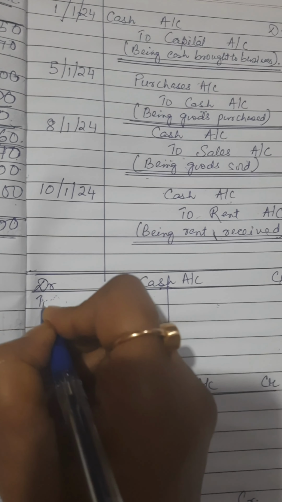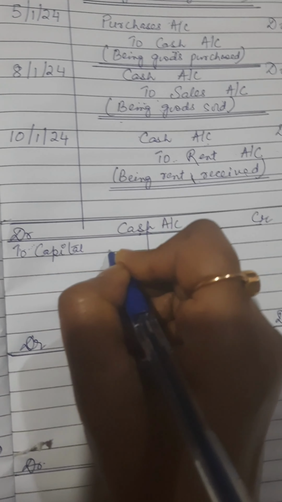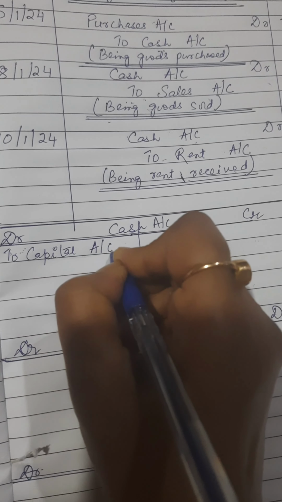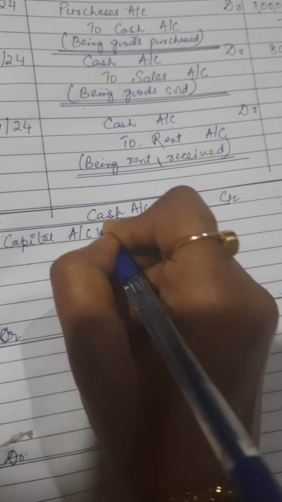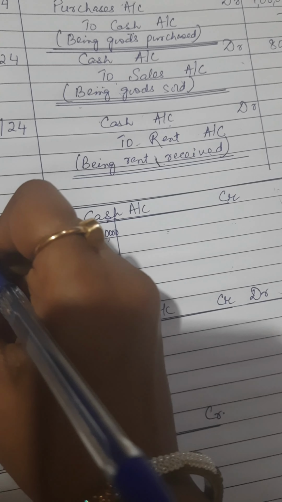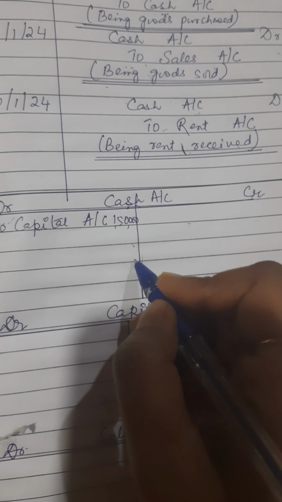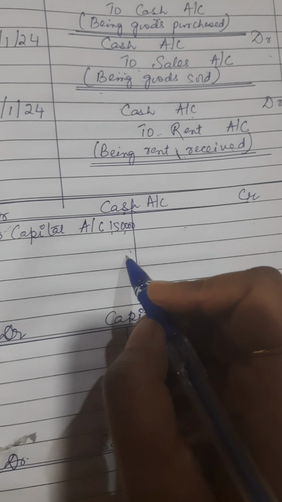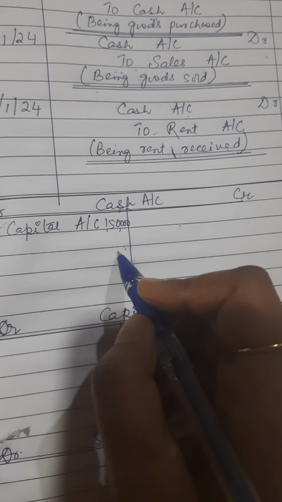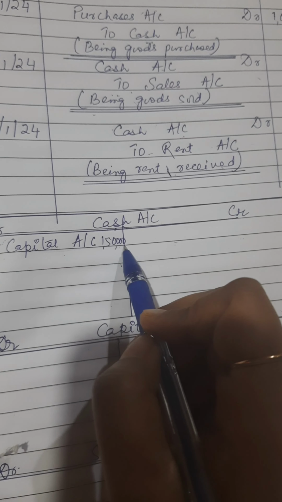So I'll write 'To capital account' in the debit side, 1,50,000. Please write the date also, 1st January 24. Space is not there, so for me it is very difficult, but you have to have enough space and do it very neatly. So cash account debit to capital account 1,50,000.